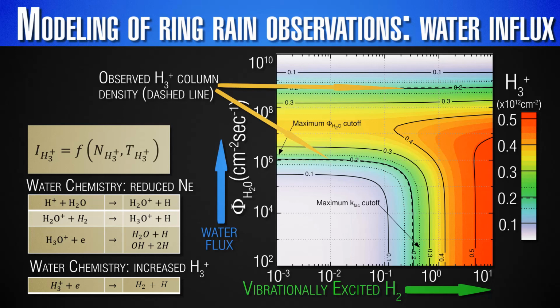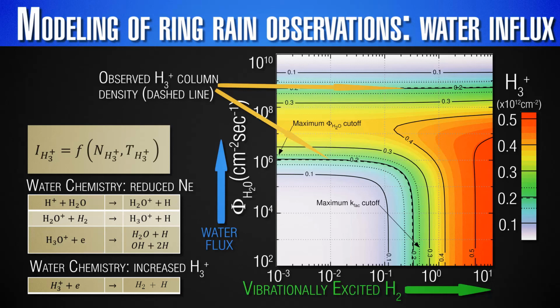And if I've reduced the electron density, then that means I've reduced the main loss of H3+, or in other words, I've ended up increasing the H3+ density. So if we imagine an influx of water from the ring plane into the atmosphere of Saturn along magnetic field lines, what we would expect to see is a reduction in electron density and an increase in H3+ density.